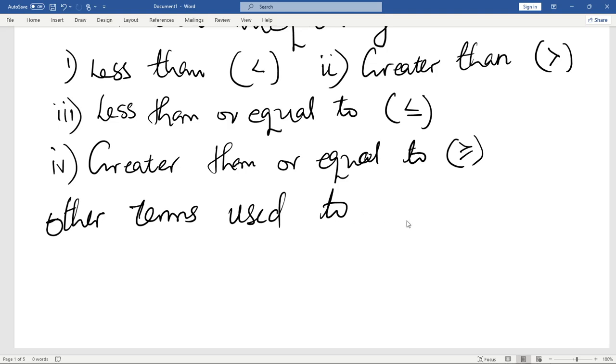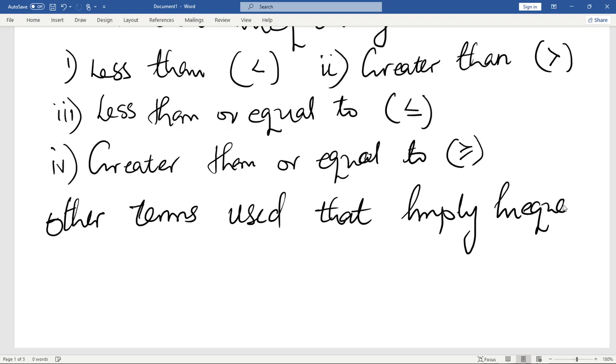Other terms used that imply inequality. Okay, so other terms that imply inequality, we have the word at least.